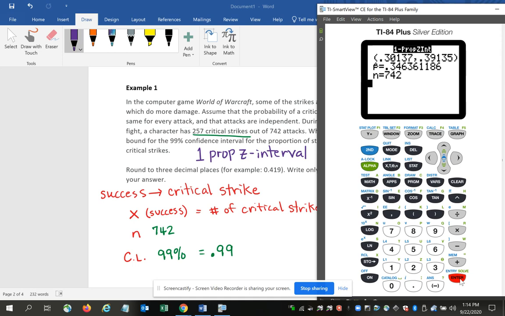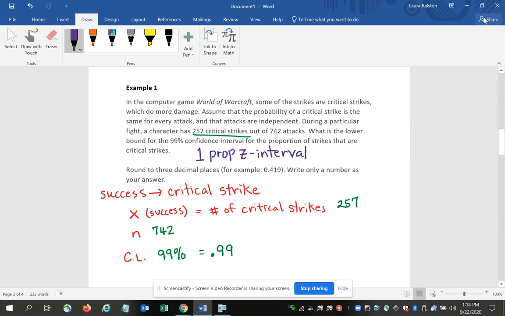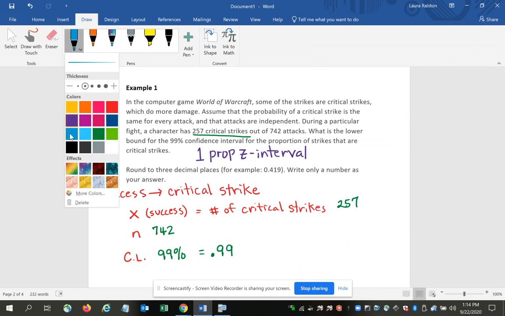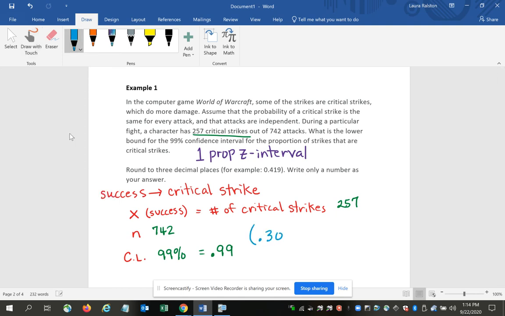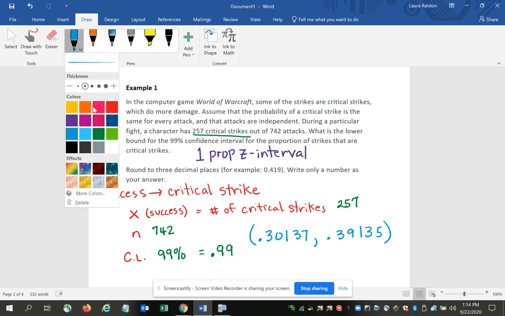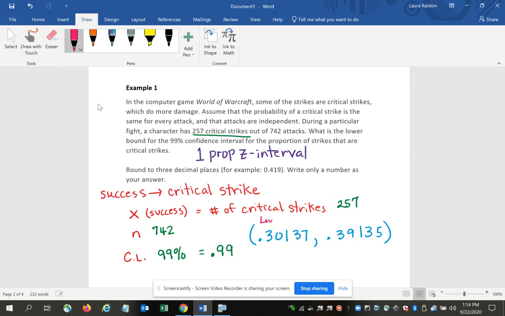It gives me, in parentheses, my lower bound and my upper bound. Let me minimize this and we'll go back and write down what it gives us in parentheses: 0.30137 and 0.39135. And again, it hasn't changed: the first number in the parentheses is the lower bound.